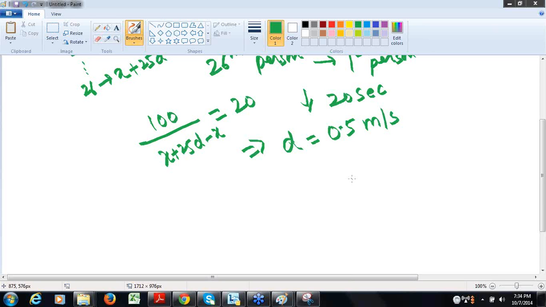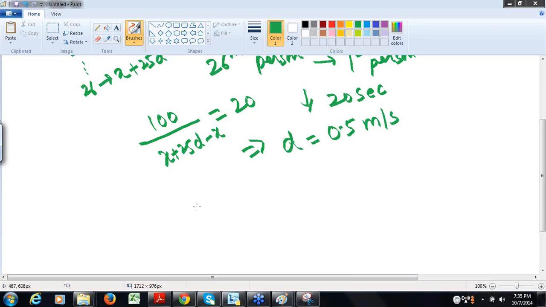That does not mean 2 circles or 3 circles. What we are taking is relative speed, Rahul. You just need to think once again.